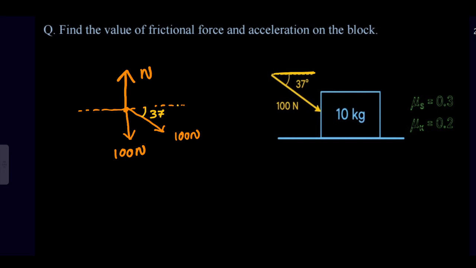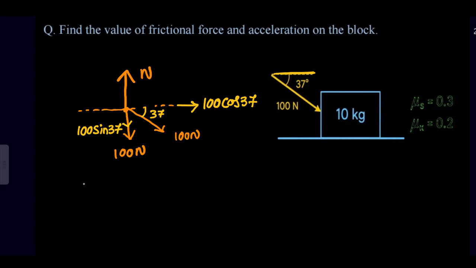Now resolve it. So this component is 100 cos 37. Next, this is 100 sin 37. Now you tell me, the body is not moving up or down. That means what? Upward force is equal to downward force.